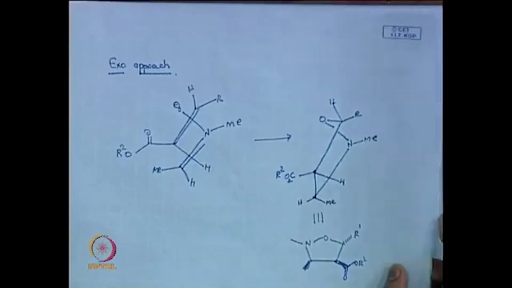Now, what we will see is why this endo rule is not applicable, it is not applied very well in this. To understand that part, we will think of Diels-Alder reactions in parallel and we will see why it is not. For example, if I want to do a Diels-Alder reaction, we have a diene and a dienophile, right. Same way we think about our 1,3 dipolar system.